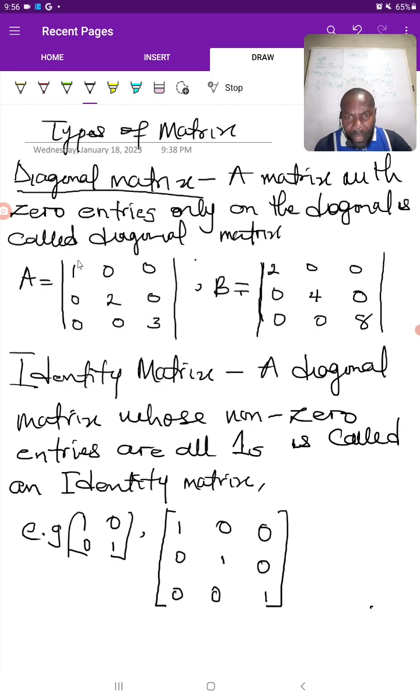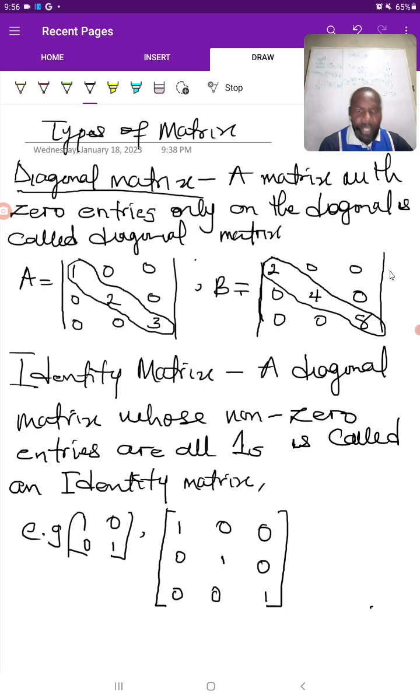This is what we call diagonal, so that's why we call it a diagonal matrix. In part B, it's also occurring in this form. So this is a diagonal matrix.